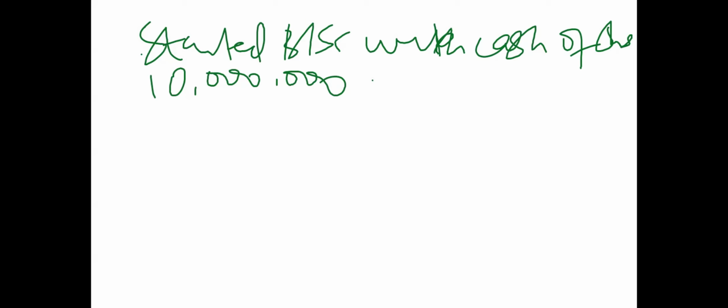So once you have known those ones, then you go ahead and apply. So we've seen the first transaction, started business with cash of 10 million. Now, what are the two accounts that are involved in these transactions?